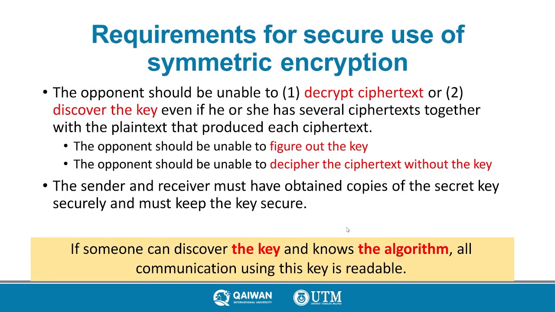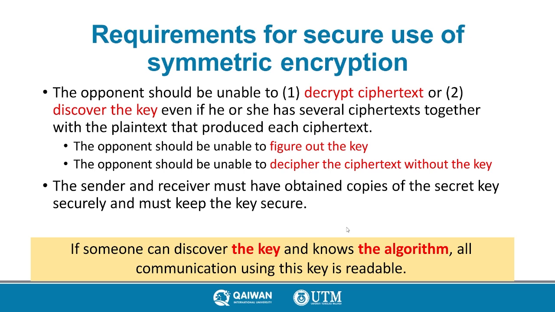Now let's talk about the requirements for secure use of symmetric encryption. The opponent should be unable to decrypt the ciphertext, or second, discover the key. So if I want to send a message to one of my friends named Ali, Ali should be the only one that can decrypt the ciphertext or have the key.